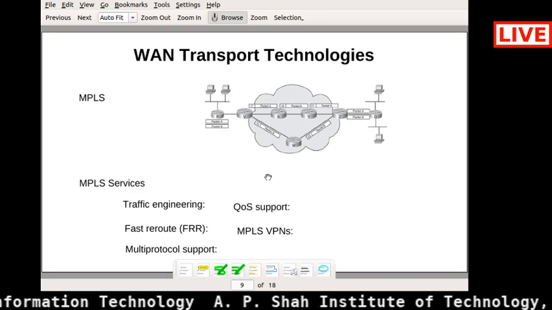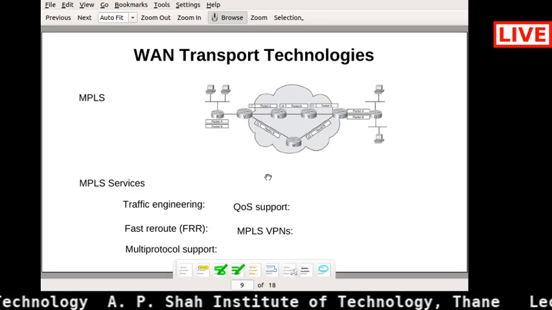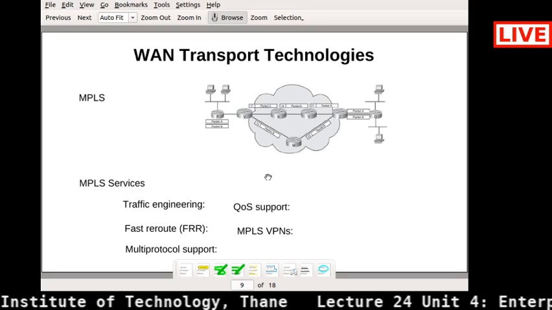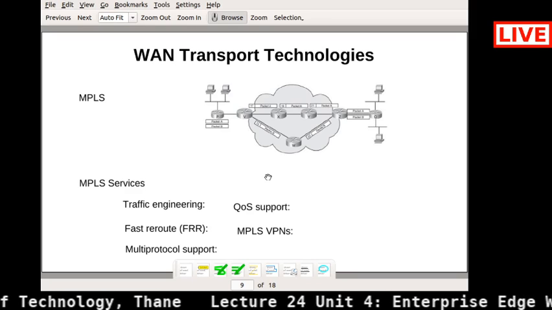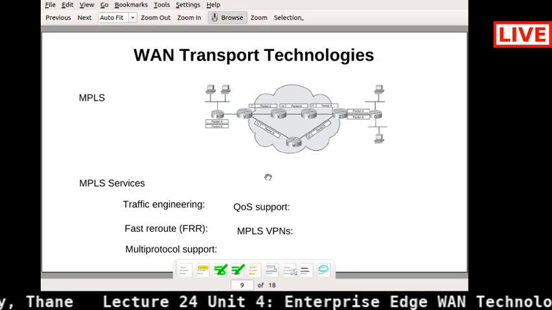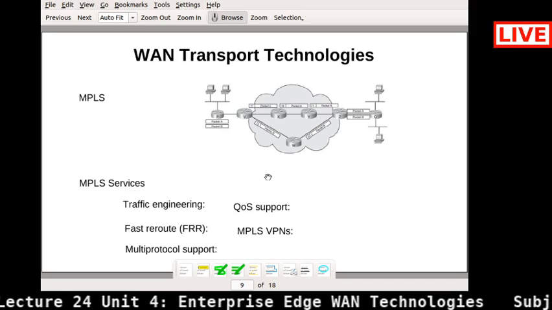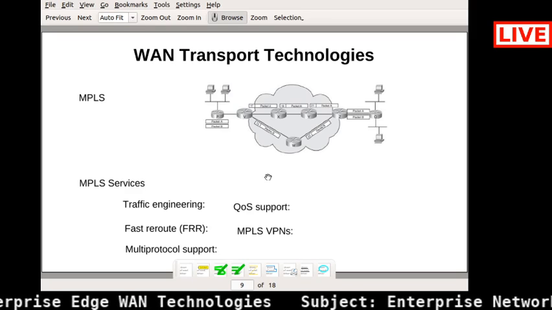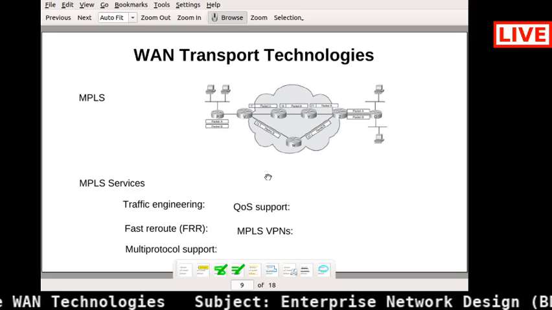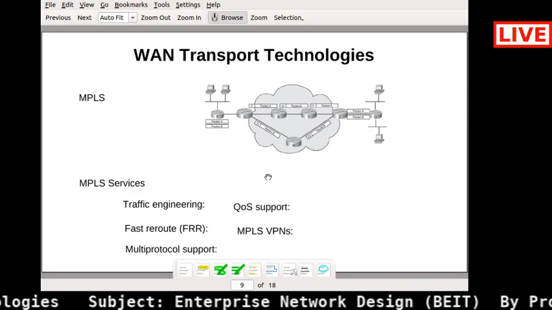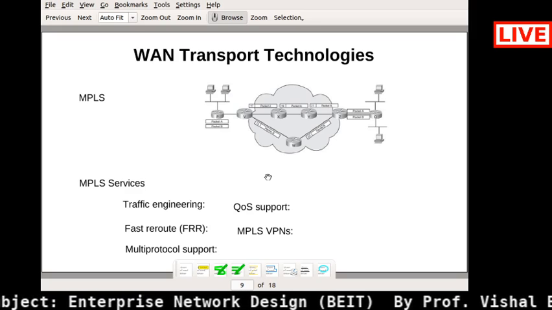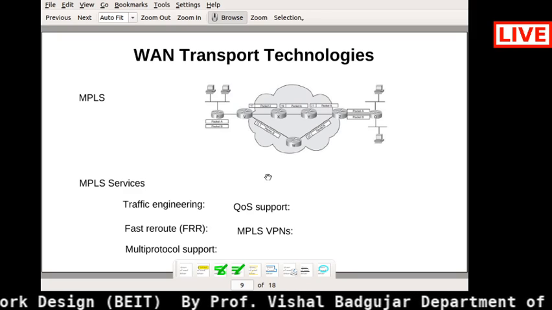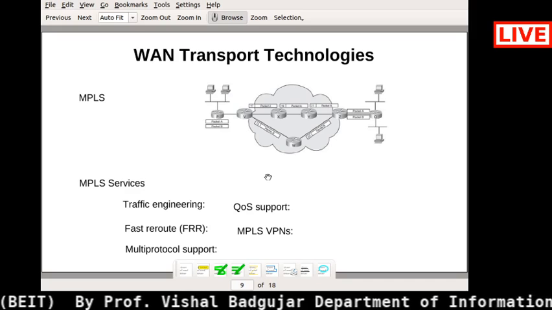This process results in a faster, more scalable, and more flexible WAN solution, because the MPLS standard evolved from many companies. For example, Cisco also has its own tag switching technology, which we can call the tag switching technology of Cisco.